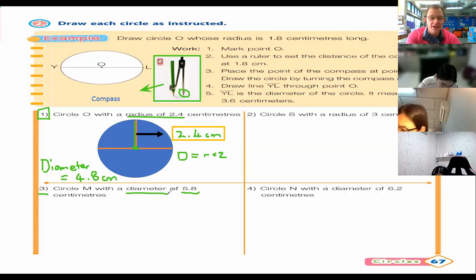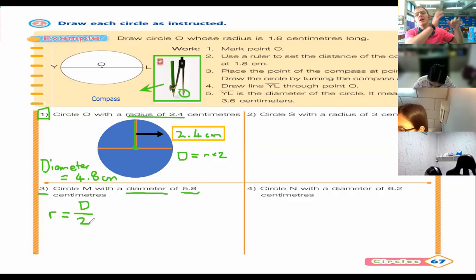So to calculate the radius, the radius equals diameter divided by 2. Very important to remember. I know we've been doing a lot of different formulas, but the more advanced mathematics becomes, the more formulas we have to use.